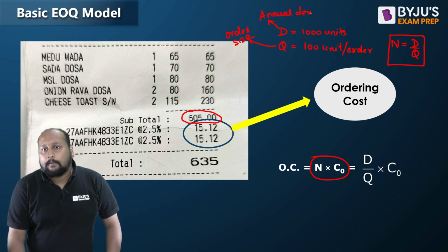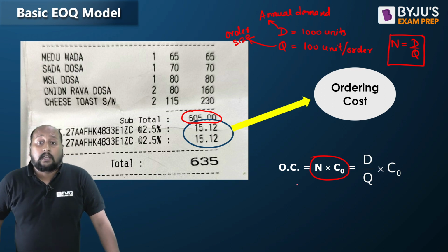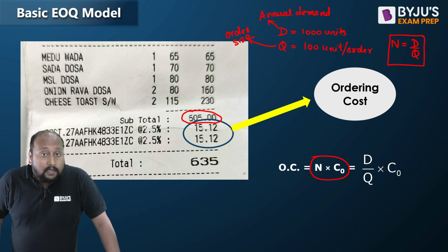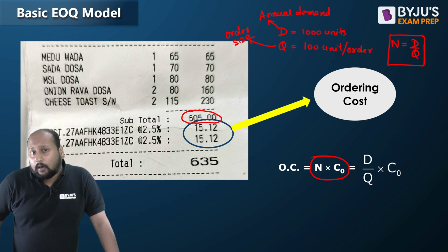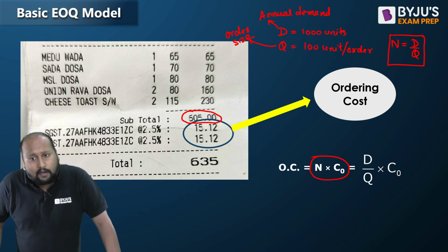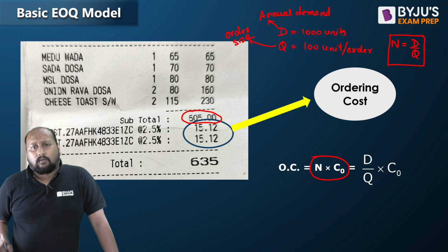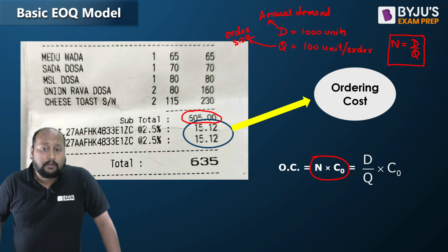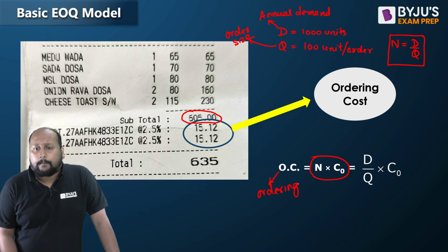So I can simply say ordering cost will be equal to the total number of orders placed in a year, which I denote as capital N, into the cost per order. So N into CO gives you the formulation for the ordering cost, or I can say the annual demand by the order size into the cost per order, that is D by Q into CO, is nothing but your ordering cost.